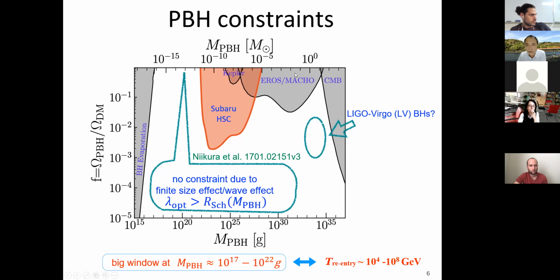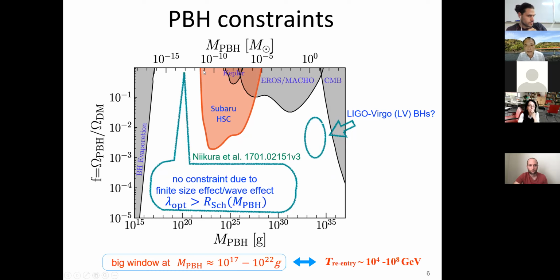And the constraint in the middle comes from gravitational lensing, microlensing. This assumes that the primordial black holes are randomly distributed in the same way as cold dark matter.